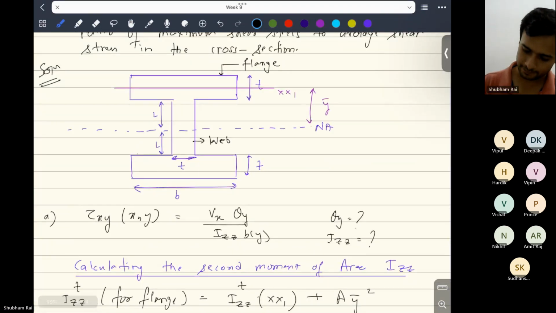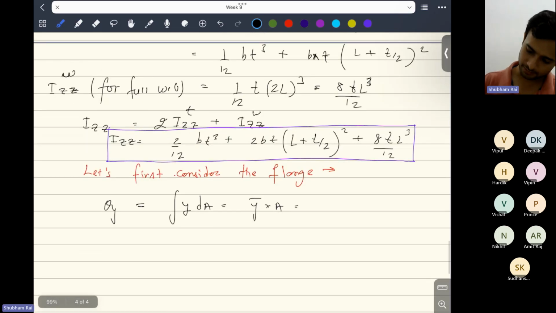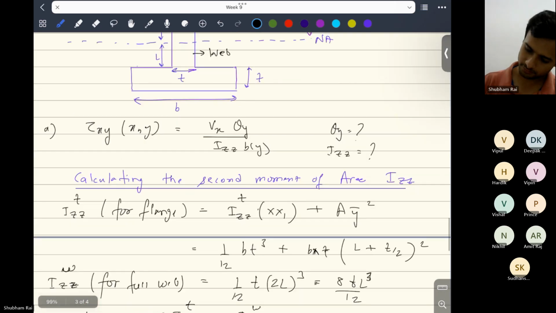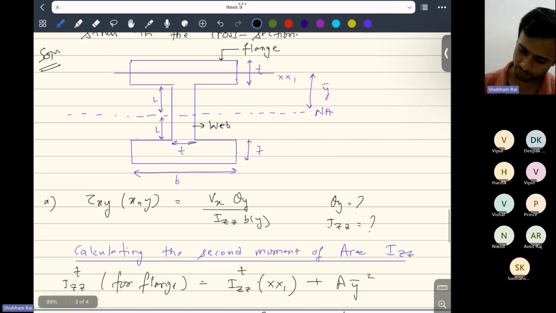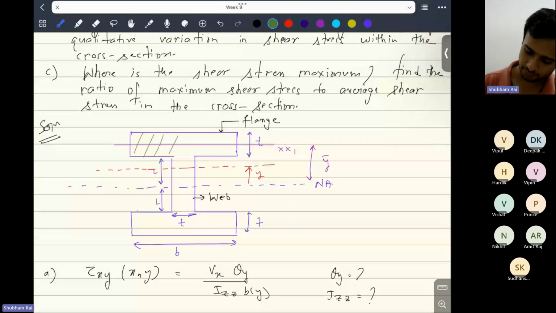This will be a function of Y. Let's say we are at this particular Y, and we need to find out Y bar into A for this shaded region.